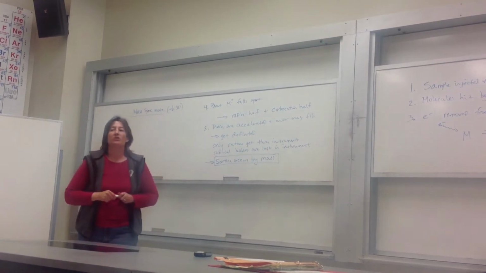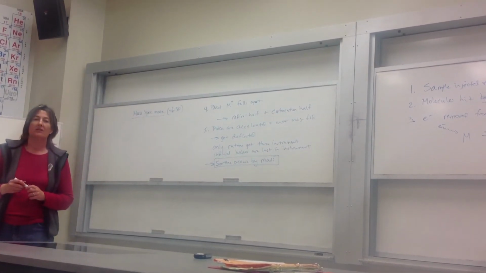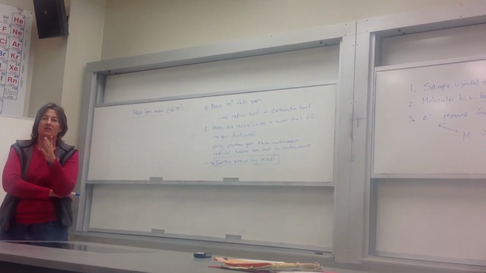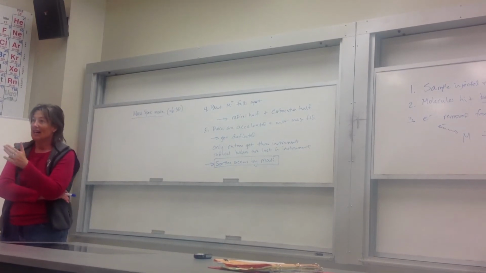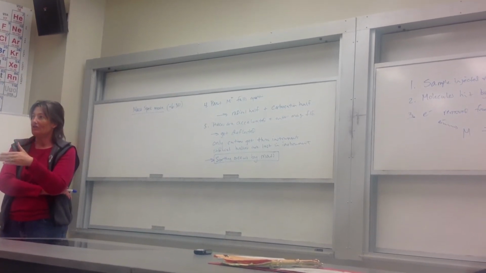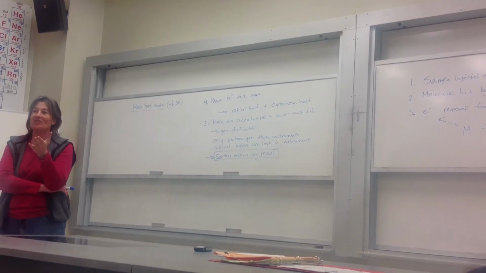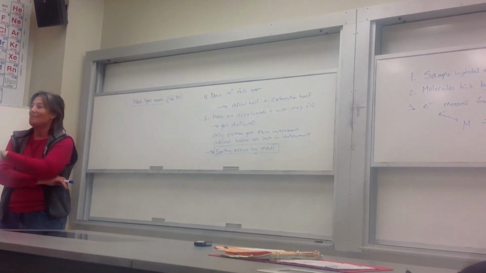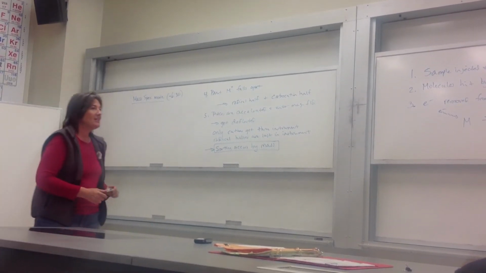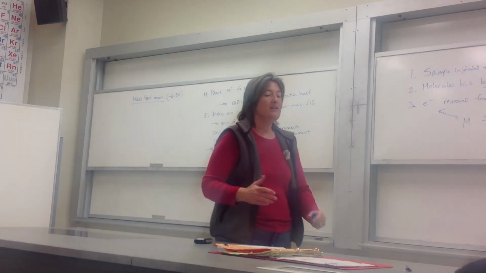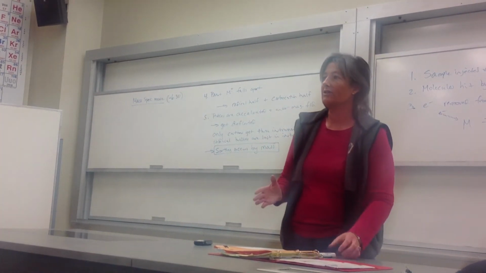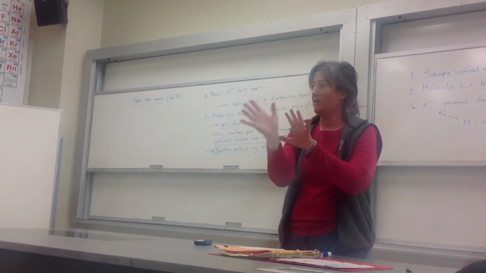In order to get different masses out at different times, the magnetic field strength has to change. It doesn't just set to one strength, because then you would just get one type of piece out. So the magnetic field strength will vary, and it will sort out the different fragments as it varies.